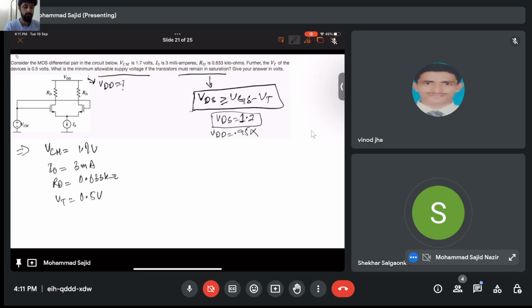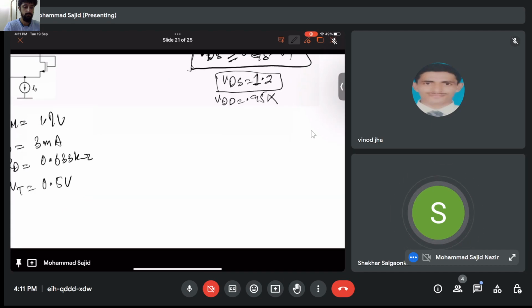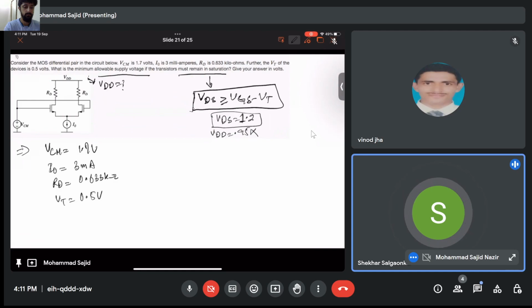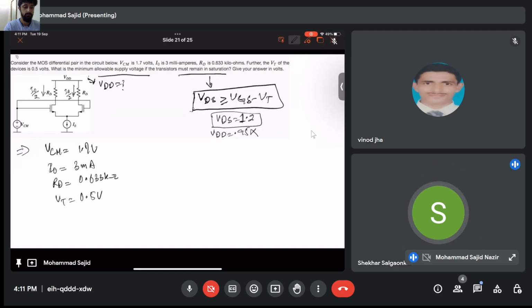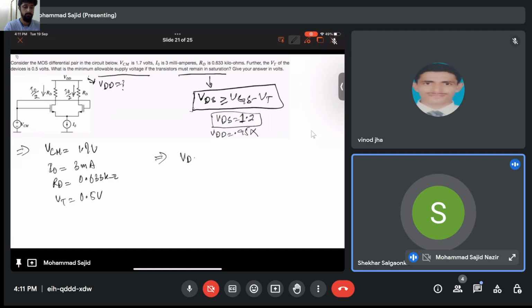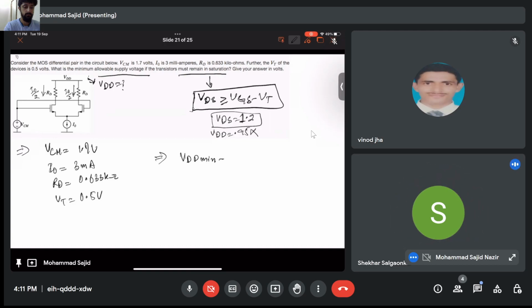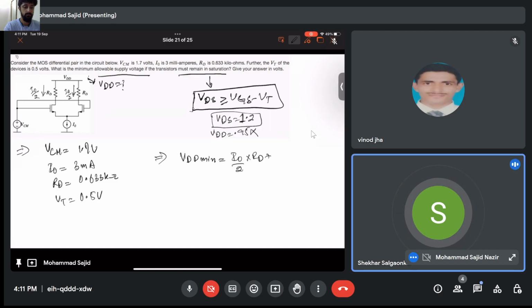I naught is given to you, right? So in this branch, the current will be I naught by 2, and in this branch, the current will be I naught by 2, right? So VDS min, you got 1.2. So for VDD minimum, it has to be I naught by 2 into RD plus VDS minimum.